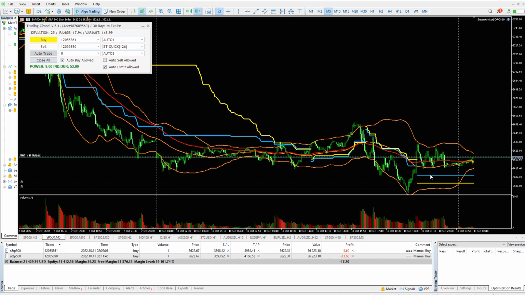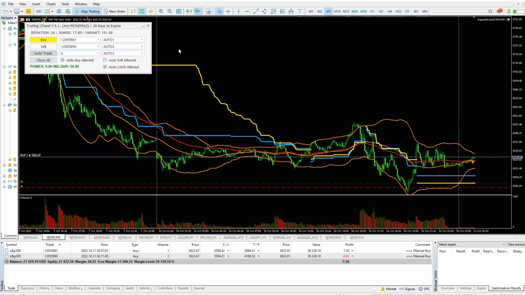The median line is based on several Bollinger Bands. And range is the difference in the Bollinger Band, and also the variant. Variant is the probability the price will go up and down.